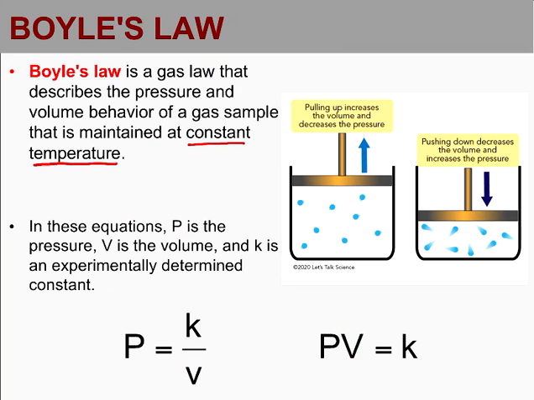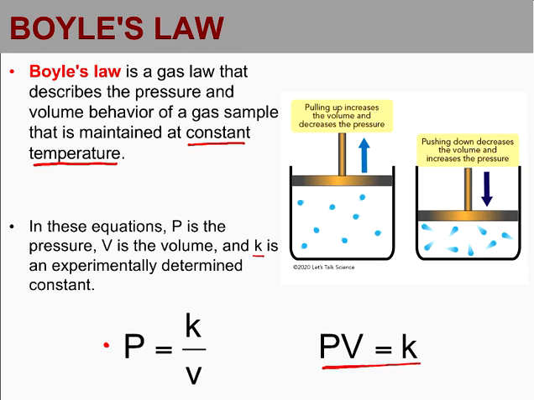In these equations, P is the pressure, V is the volume, and K is an experimentally determined constant. Down below, we can see that pressure is inversely related to volume. Now, we can move volume over to the left-hand side, and then we get the relationship where pressure times volume equals a constant.